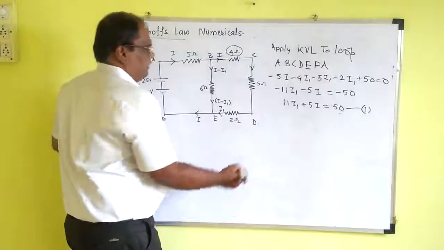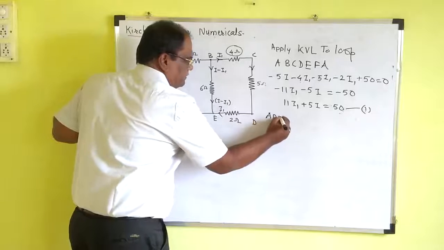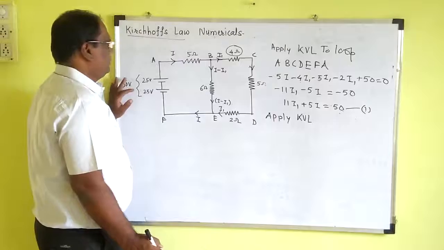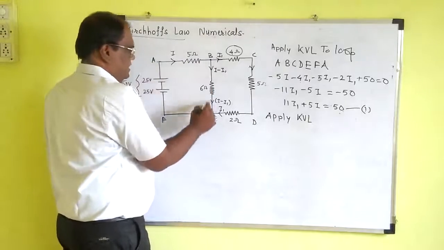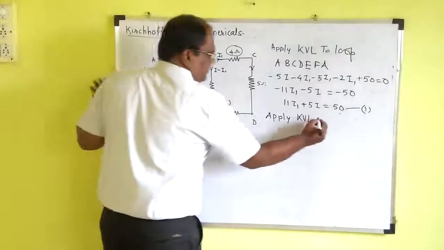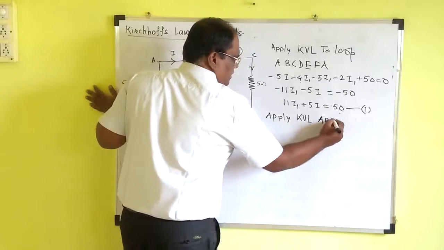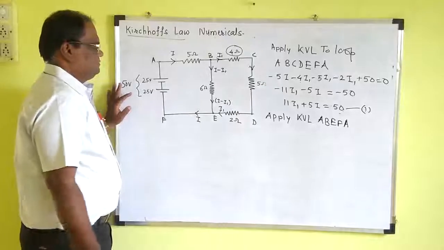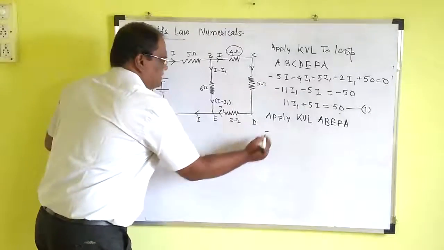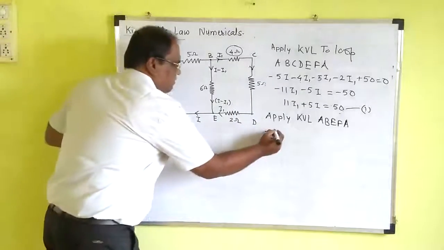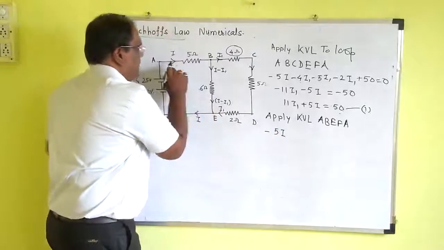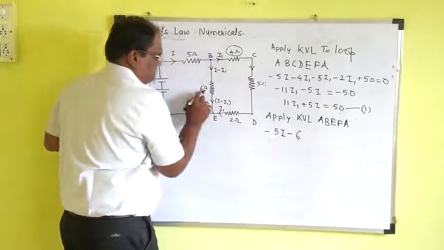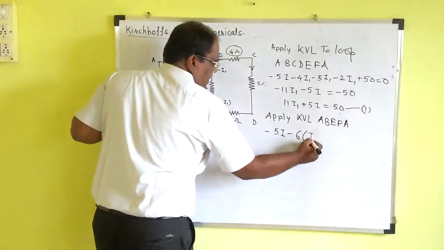Now apply Kirchhoff's voltage law to loop A, B, E, F, A. Minus 5I, minus 6 into I minus I1.